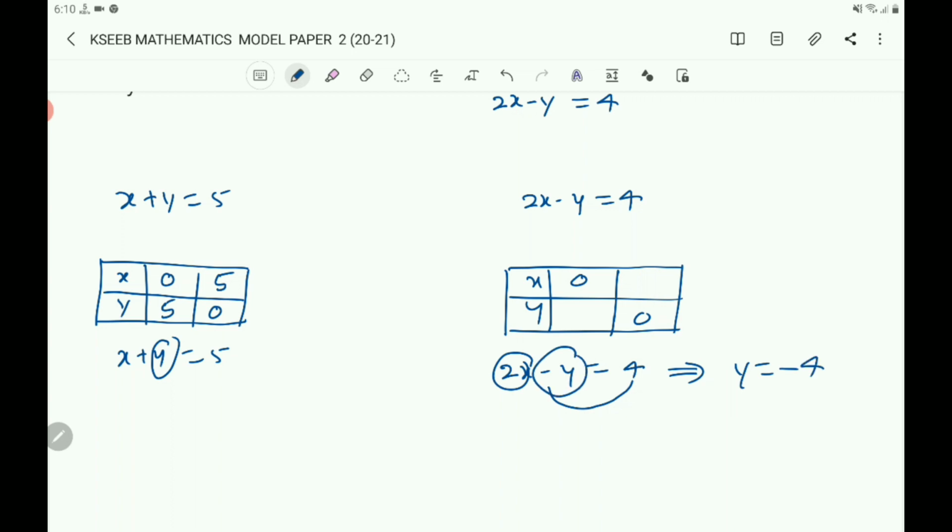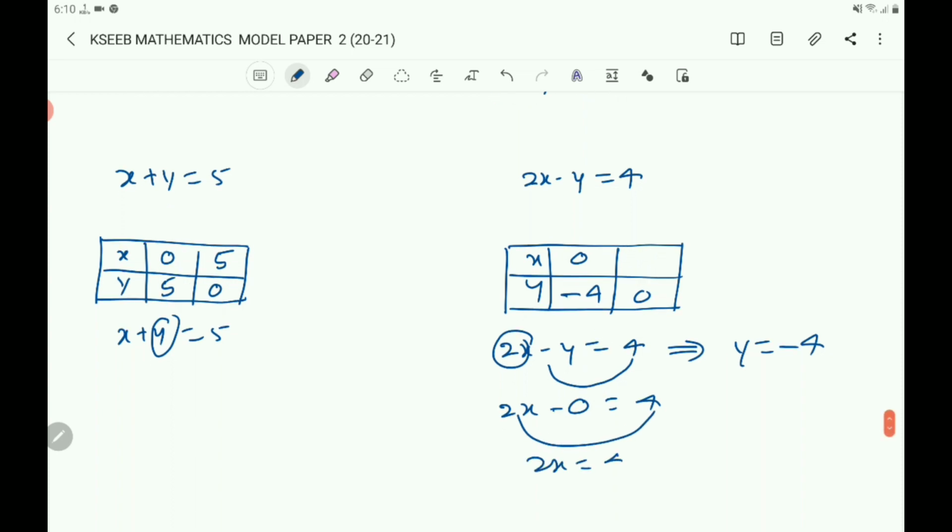Here minus y equals 4 means y equals minus 4. Then you take y equals 0, then it becomes 2x minus 0 equals 4. So you will get 2x equals 4, x equals 4 by 2. You will get 2. So you got the coordinates.